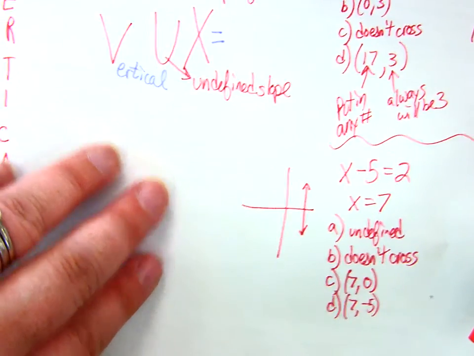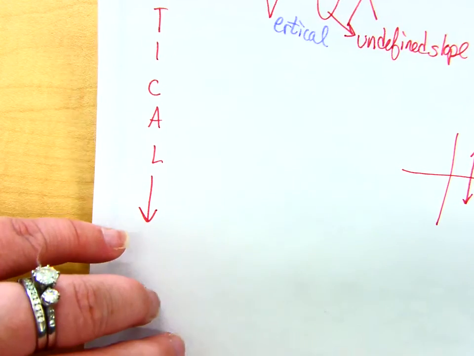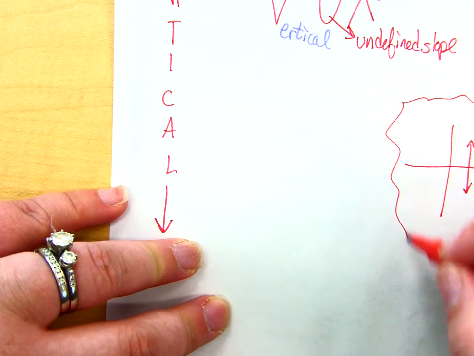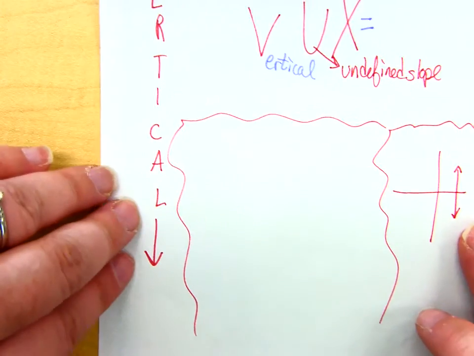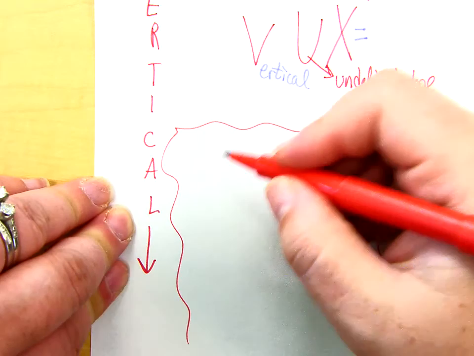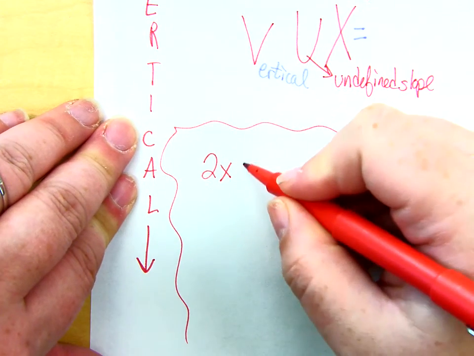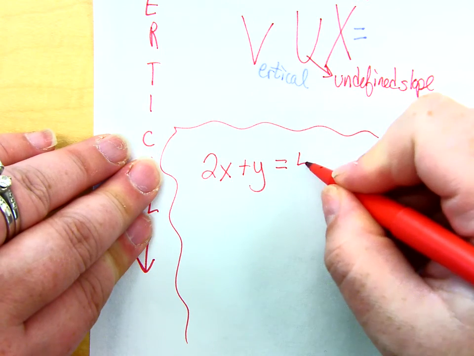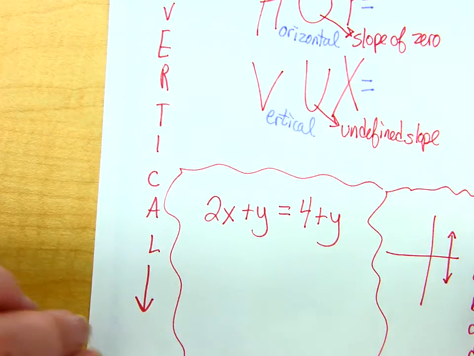Let me give you one more to try. And I'm going to try doubly hard to confuse you. Let's try this one. You ready? Oh, I don't know. How about 2x plus y equals... Try that one.